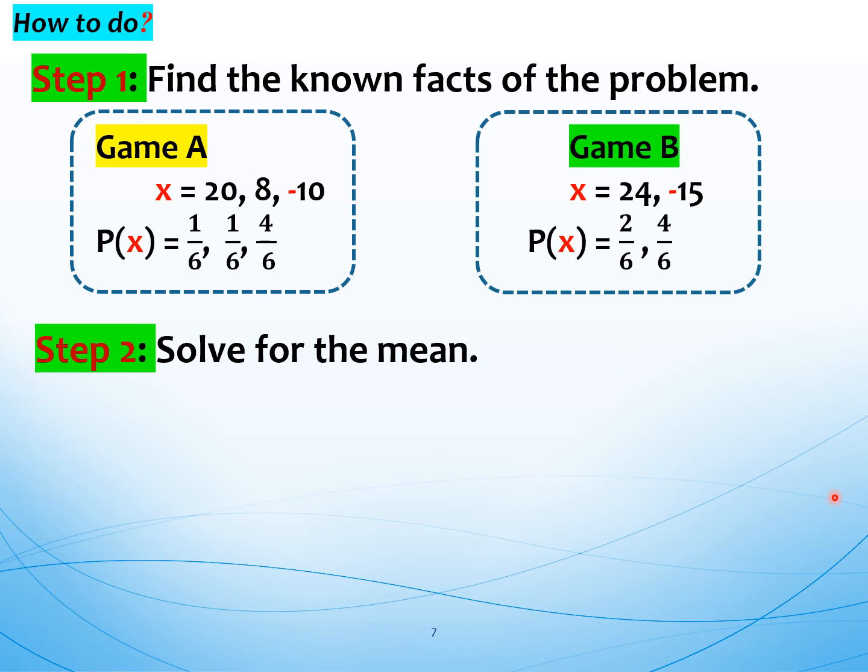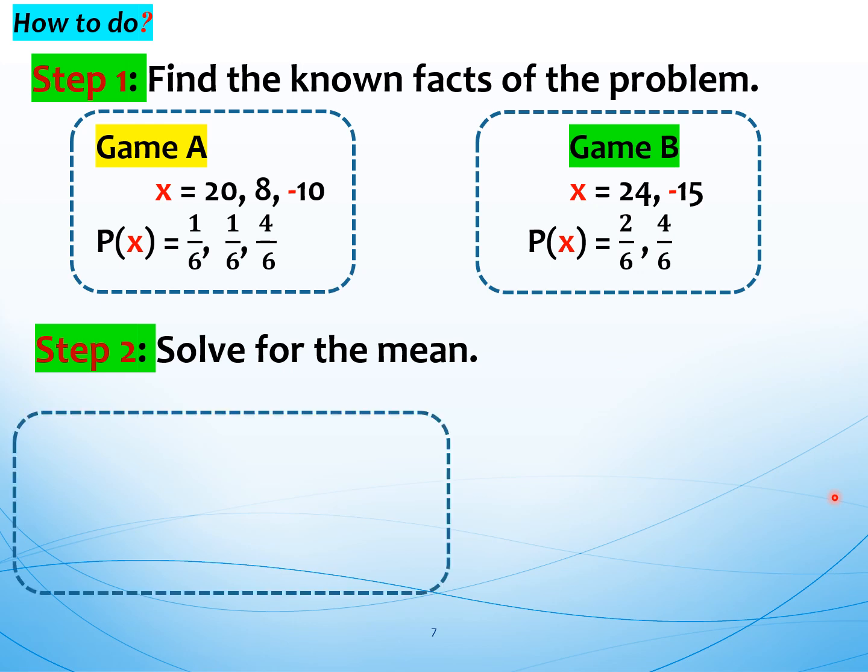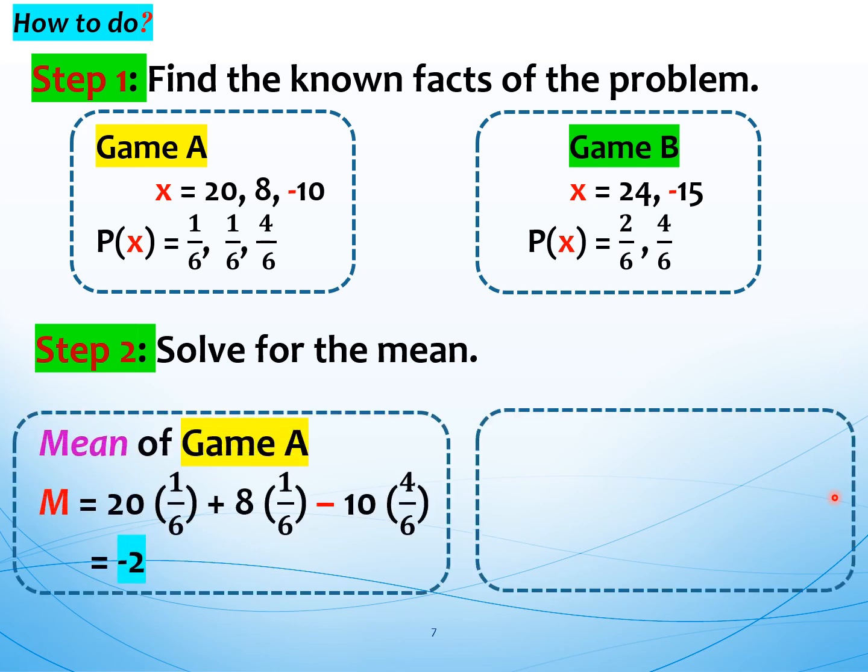How can you solve for the mean? We can solve for the mean of game A simply by x multiplied by the probability, plus x multiplied by the probability, minus 10 multiplied by 4/6. So we have a mean of negative 2.